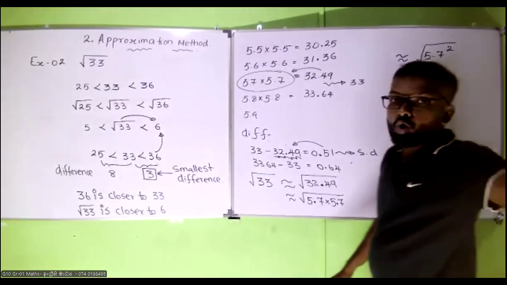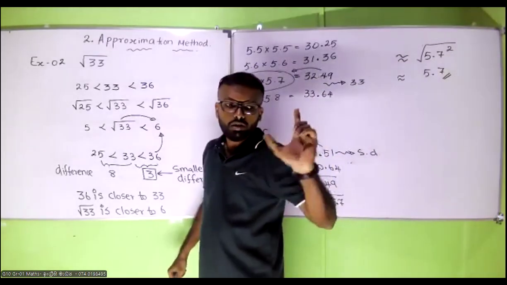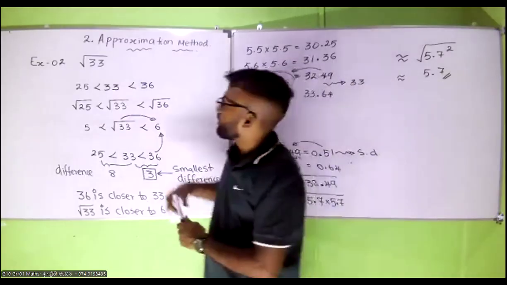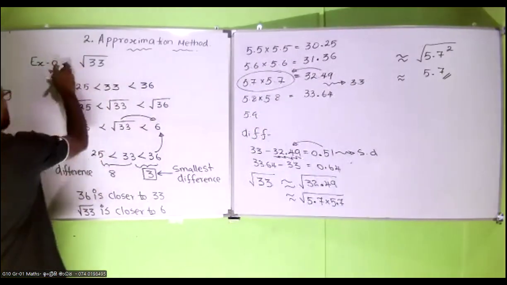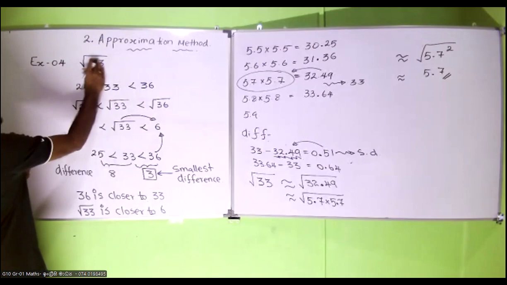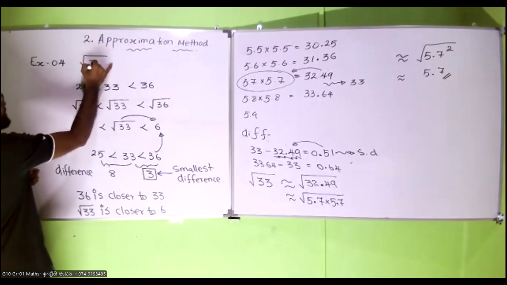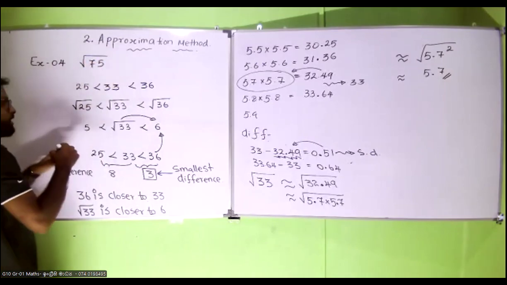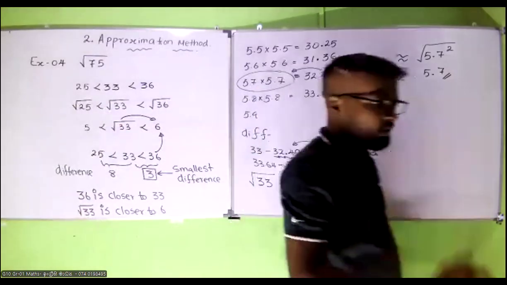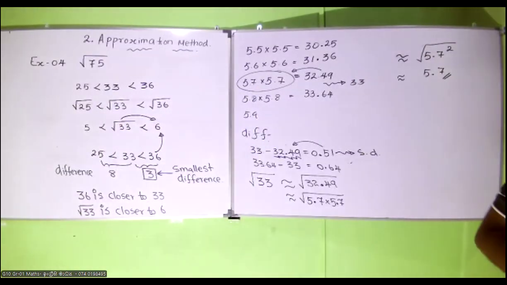I want all of you to do the next one, example number 4, and send me the answer in the chat. I want to see who finishes first. Square root of 75. Do it fast and send me the answer.